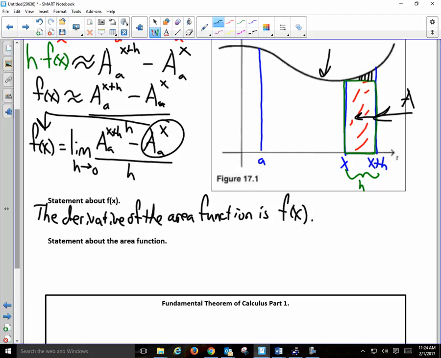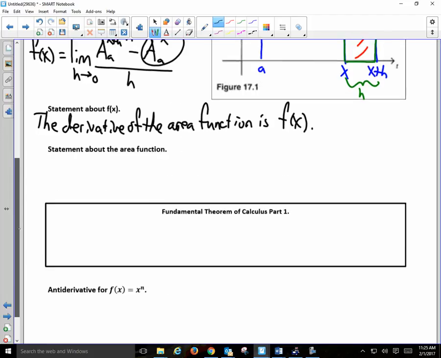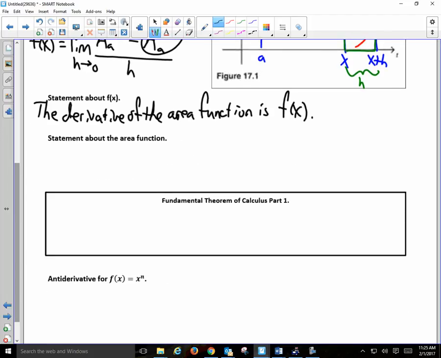The derivative of the area function is f of x. So there's a relationship between the actual function and the area.